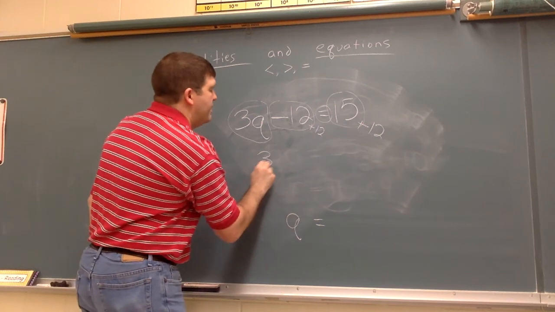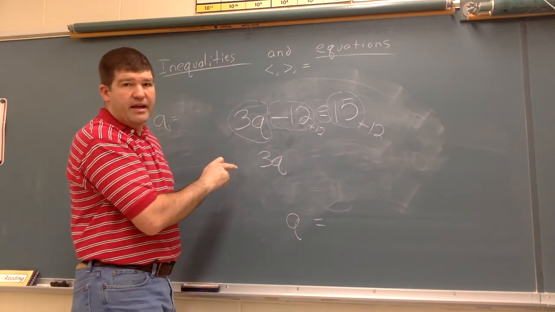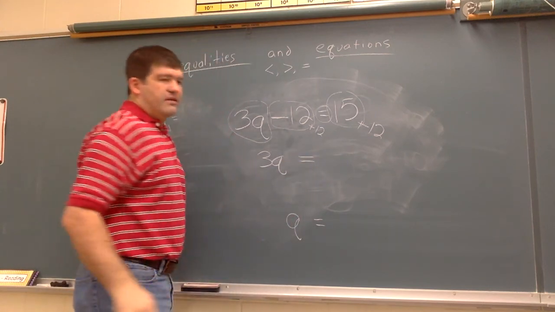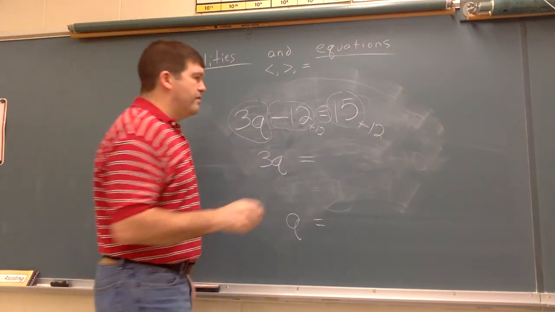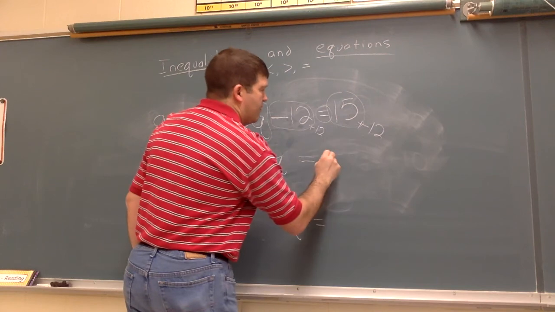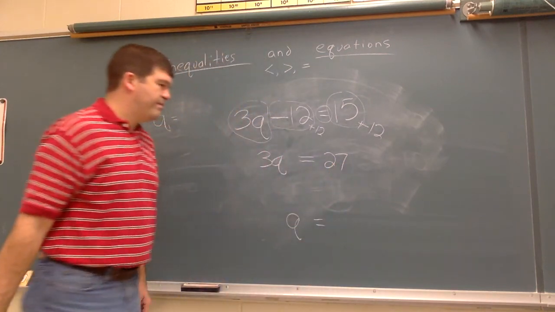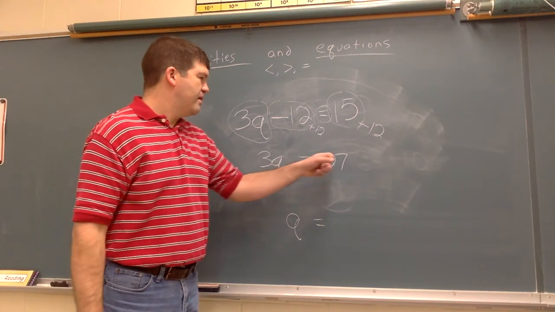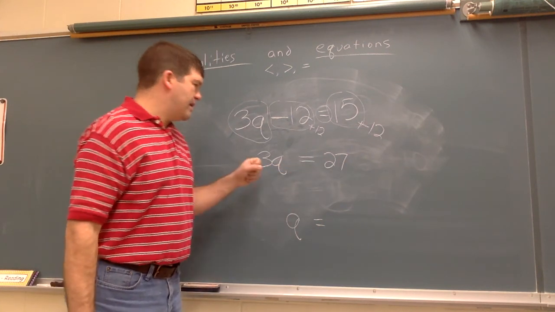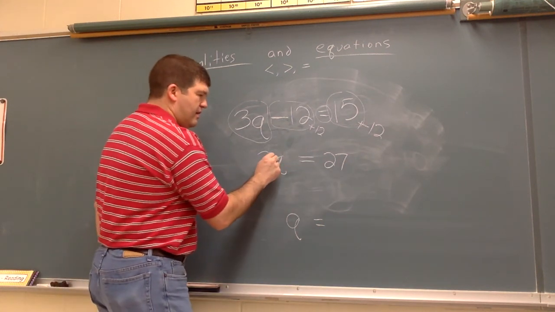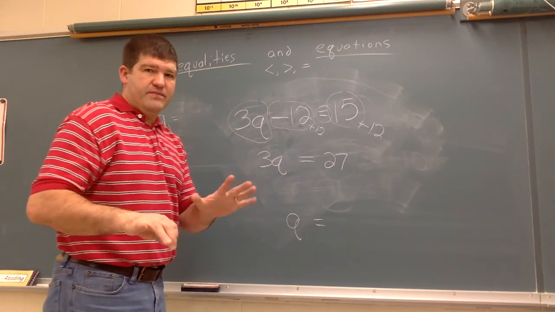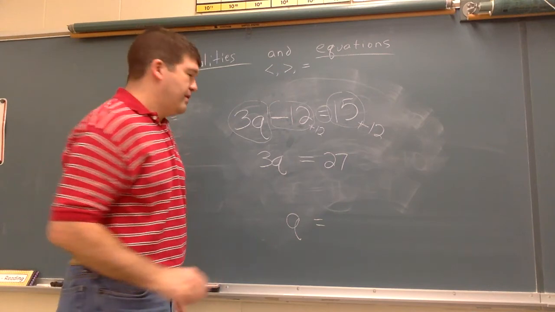Here we go. I have 3q. I didn't do anything to that. I did minus 12 plus 12. That gets me 0. I don't need to put 0 down because 0 is 0. And 15 plus 12 is 27. Now I'm left with this 3q, 27. And 3 times q, the way I get rid of this 3, I want to get this 3 down to just 1, so it's just q.